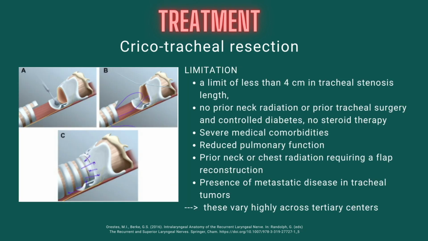This is the diagram of how they can remove the stenotic segment. Basically they remove the anterior part of the cricoid, and then the affected trachea, and then they do the anastomosis like this.